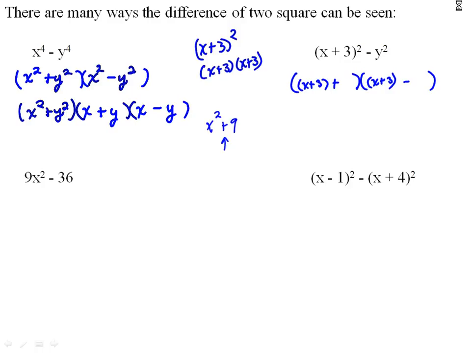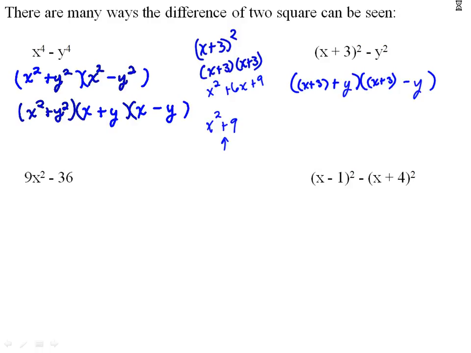Not to mention the fact when you pull that out, you're going to get x squared plus 6x plus 9, which is certainly not prime. It's another pattern. All right, and then the square root of y squared, and you're done. So we can take the square root of a binomial square. Okay?